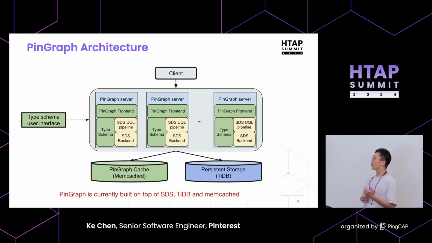Just to be clear, the front end here is not meant to be any user interface, but instead it's one of the data models on top of SDS. So the PinGraph front end is dealing with graph-related logic. We also have another table front end, or table model, on top of SDS, but today we are going to focus on the graph world.